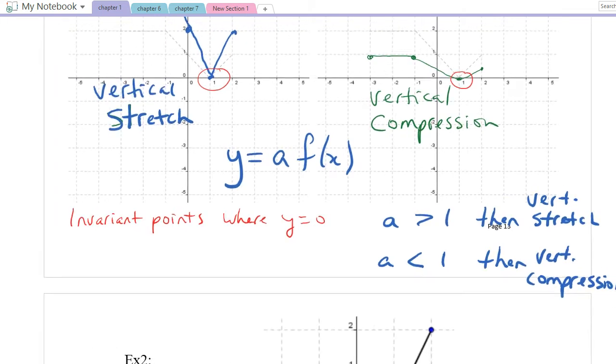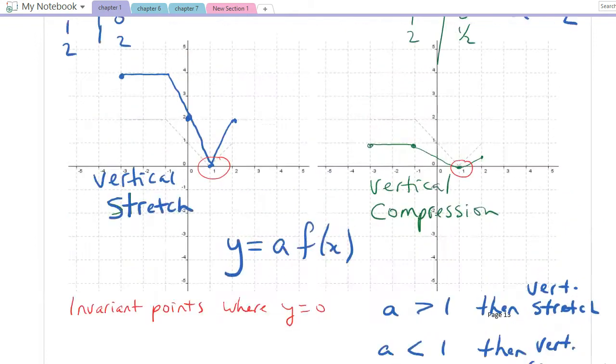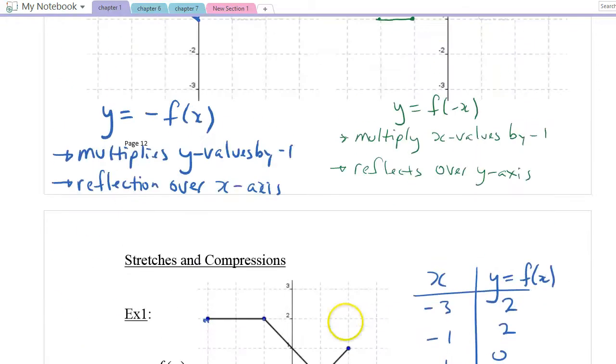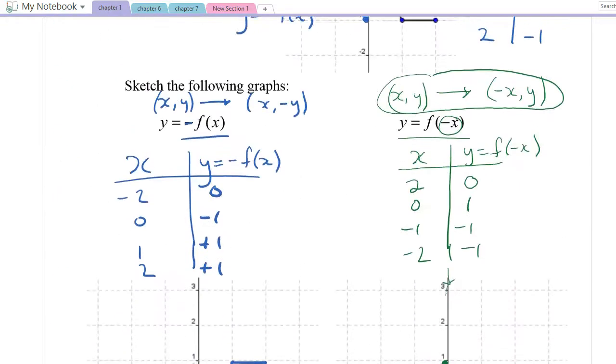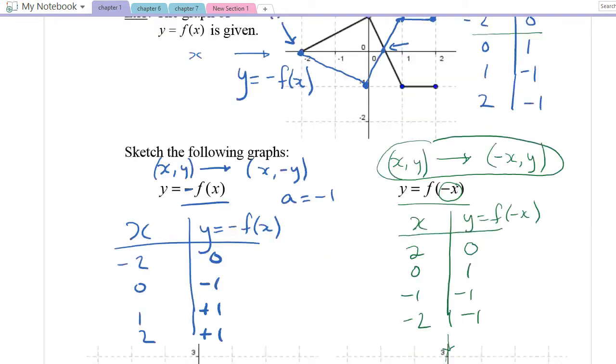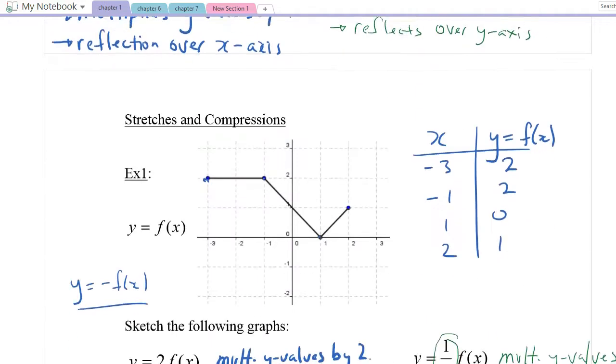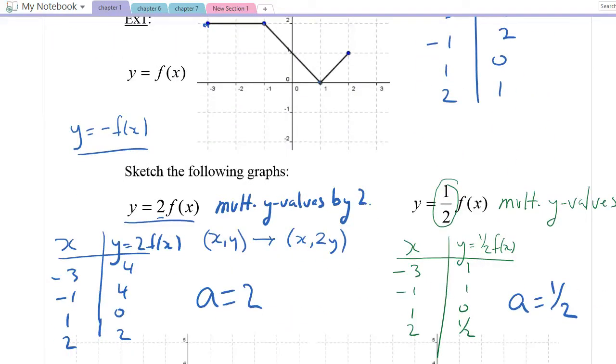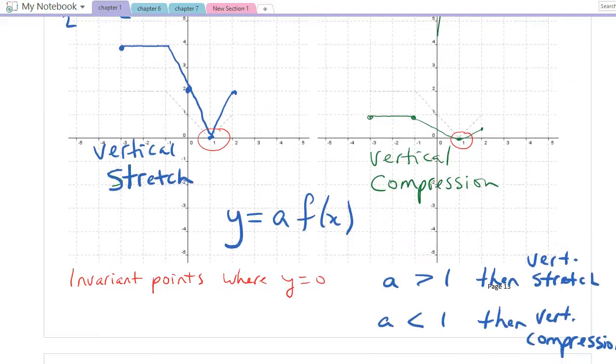But we have to be a little bit careful in our definition here, because looking at our previous page, in that example you could say that a is equal to -1, right? If we had a value that was -2 or something, that would be a reflection and a stretch. So I'm going to be a little bit cautious here, and instead of saying a is greater than 1, I'll talk about the absolute value of a, and the absolute value of a less than 1.